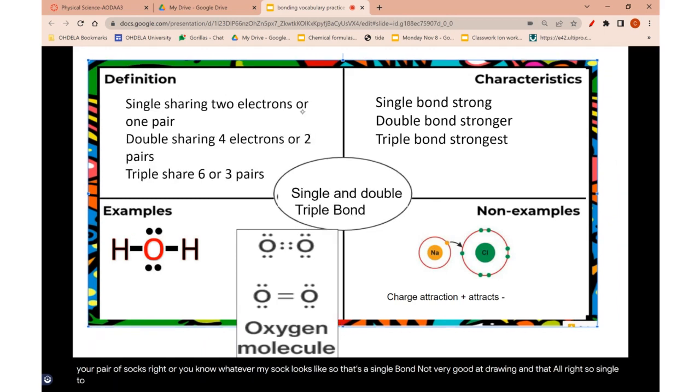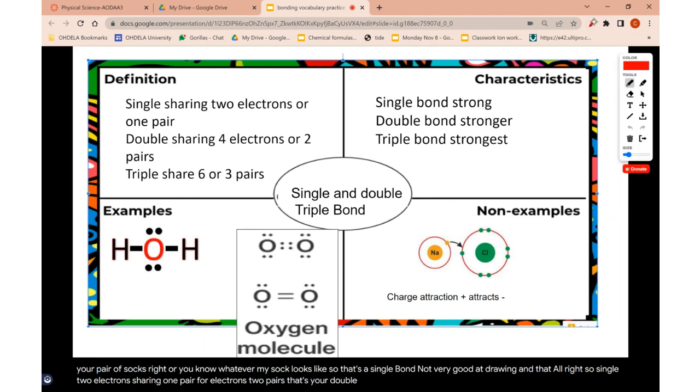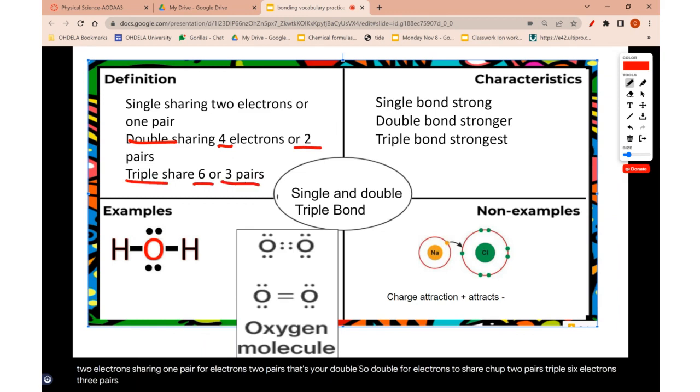All right, so single, 2 electrons sharing one pair. 4 electrons, 2 pairs, that's your double. Triple, 6 electrons, 3 pairs.